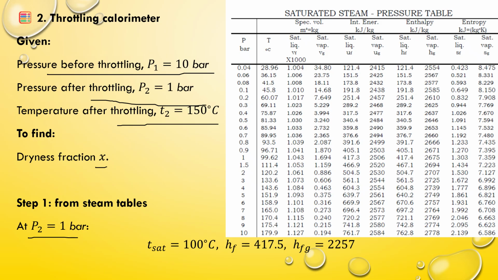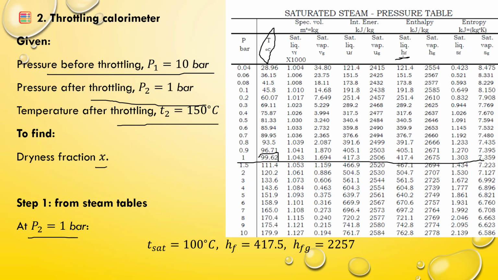So corresponding to 1 bar, when you refer the steam table, this is a 1 bar line. So you can see this is a saturation temperature, because here it is mentioned this is saturation temperature. HF, that is enthalpy of saturated liquid.